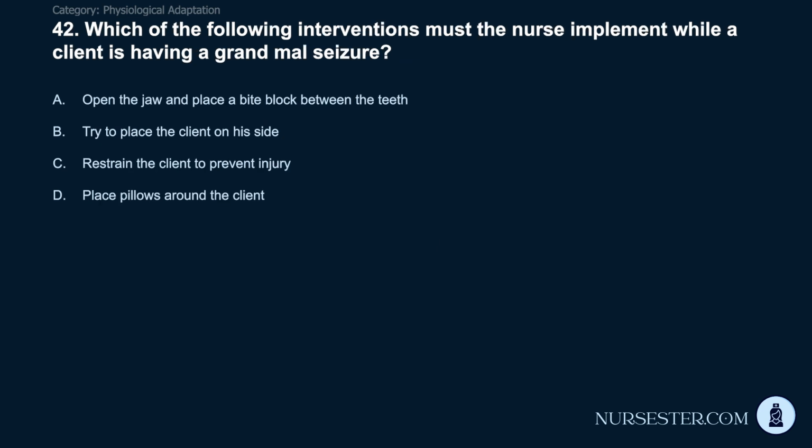Which of the following interventions must the nurse implement while a client is having a grand mal seizure? A. Open the jaw and place a bite block between the teeth. B. Try to place the client on his side. C. Restrain the client to prevent injury. D. Place pillows around the client. Correct answer, B. Try to place the client on his side.